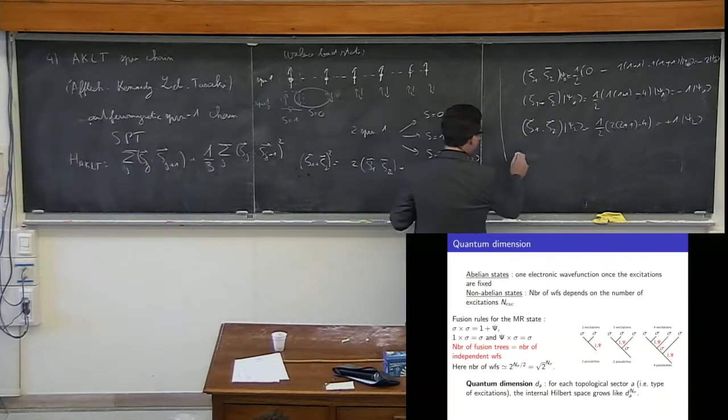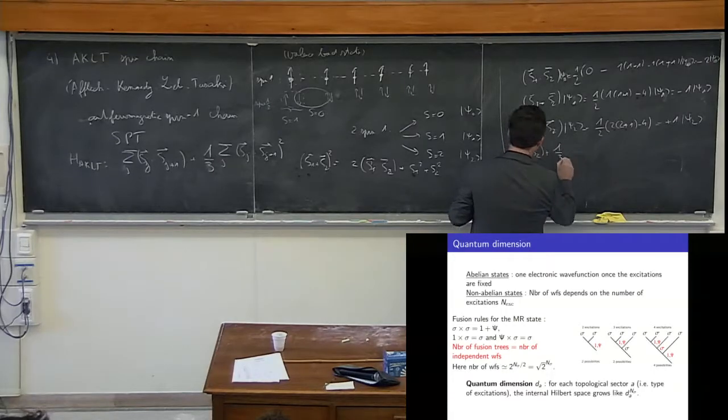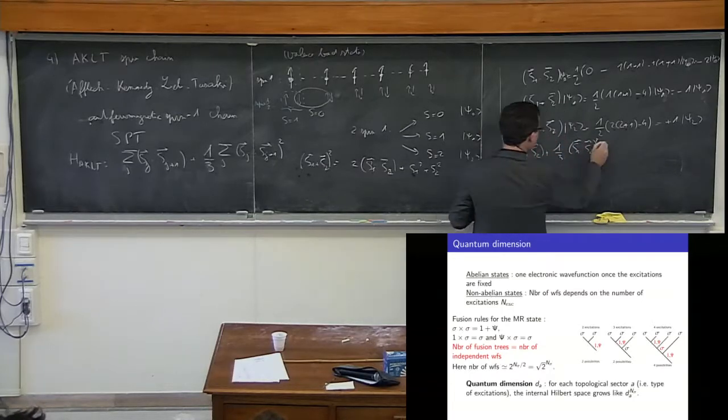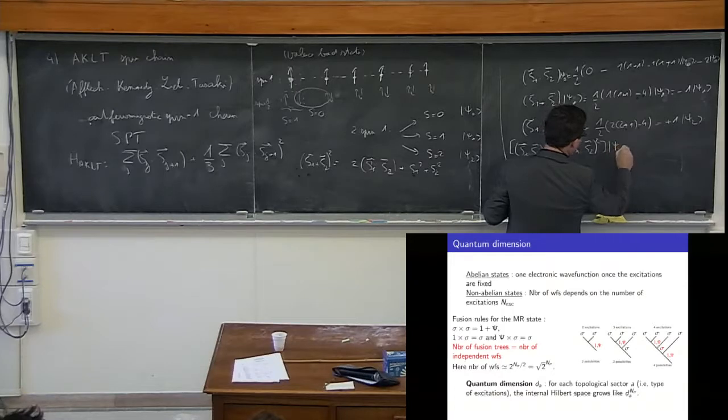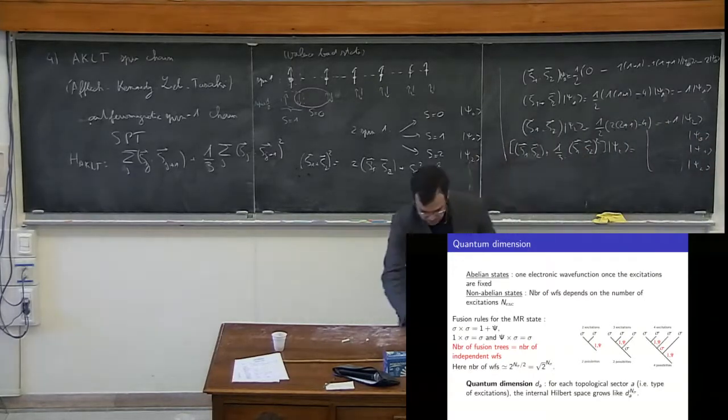So now if you look at what you get for the expectation value of S1·S2 plus 1/3 of (S1·S2) square, writing out psi i, so let's see if I have that in my notes.